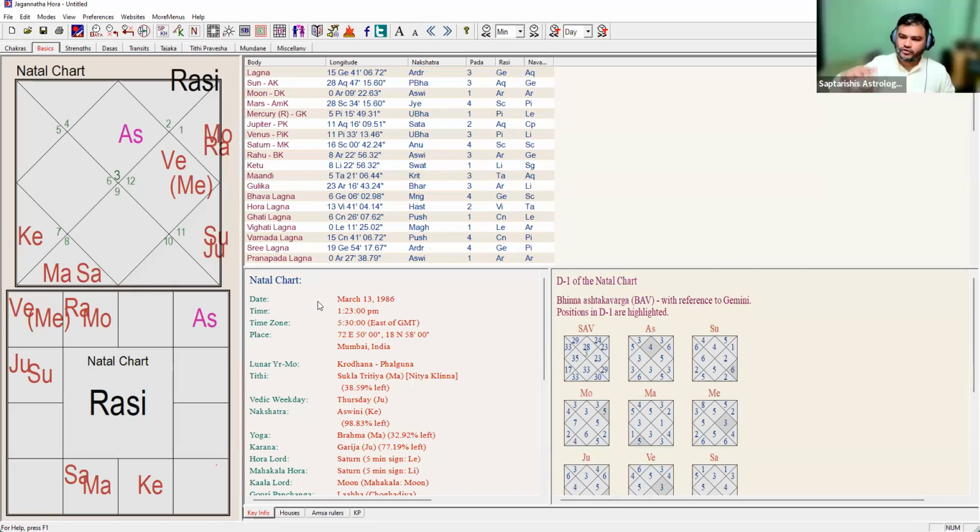So it's like mapping back D60 to D1, and not the whole Scorpio sign. No, that particular degree, that particular range. In that degree range, when the planet transit comes, the event happens.